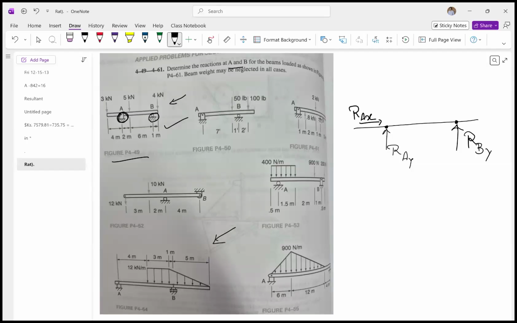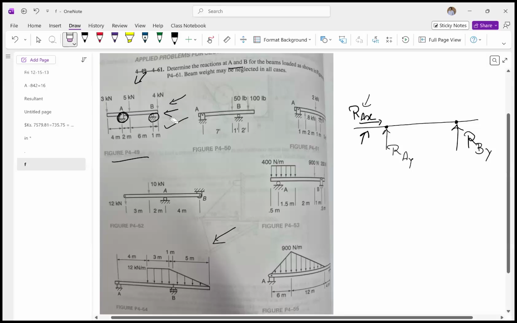Now, in this diagram, if I see carefully, all the loads acting onto this beam are in the vertical direction. I don't need this one. Whenever the loads are straight up in the vertical direction, Rx becomes irrelevant. If one of the loads, for example this 4 kilonewton load, was inclined, then I would have needed the Rx.